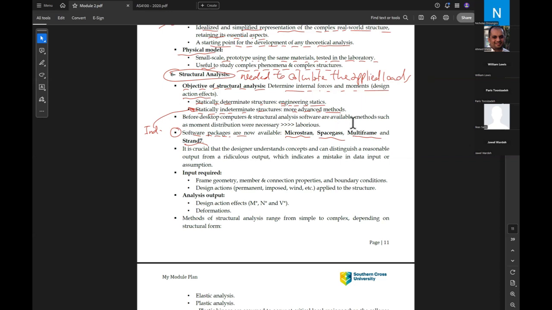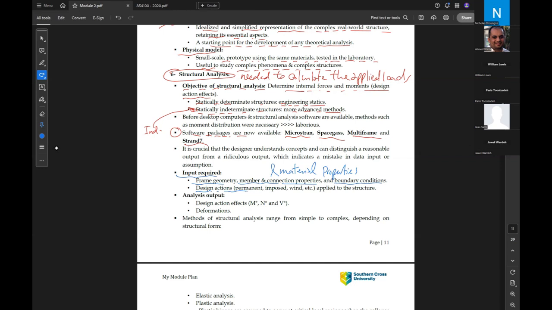Okay, so again we have the input of the software and the output of the software. The input of the software is the frame geometry, member and connection properties, boundary conditions, and also material properties.